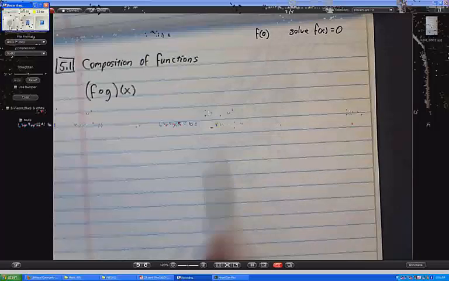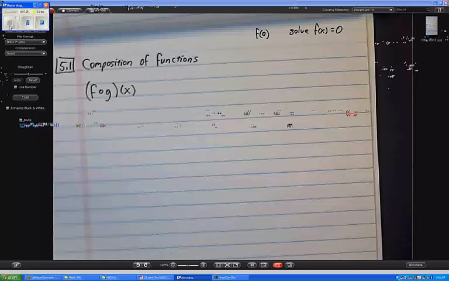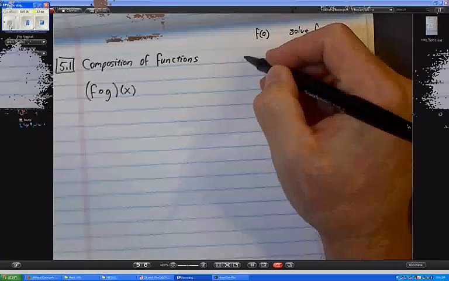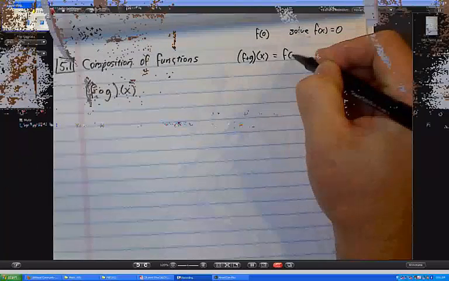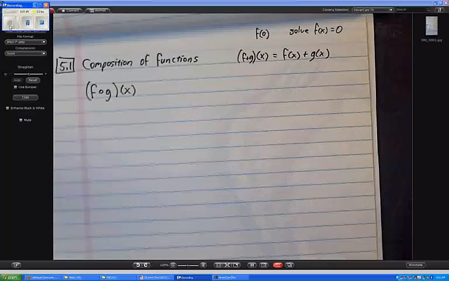What about if you have two functions? What have we learned how to do? Add, subtract, multiply, divide, right? So if I have f plus g of x, we learned that f plus g of x is the same as f of x plus g of x, okay? It's a way of combining two functions.